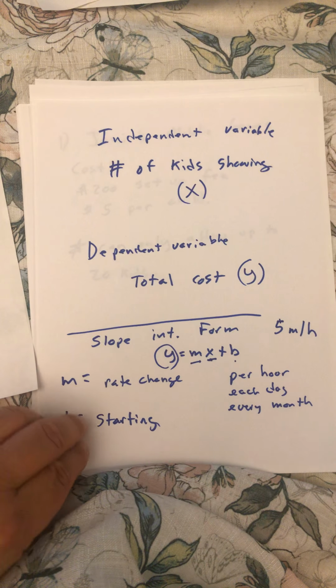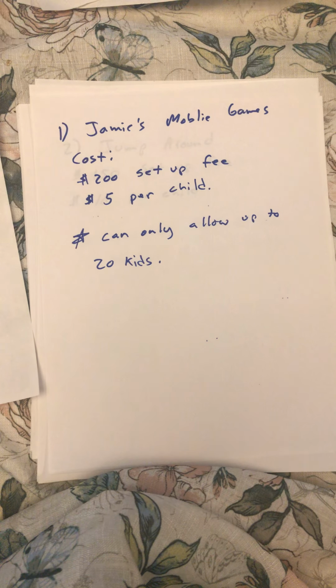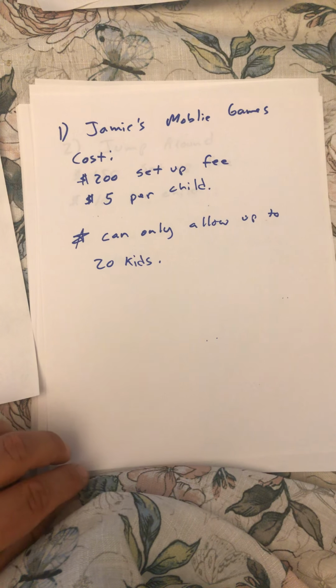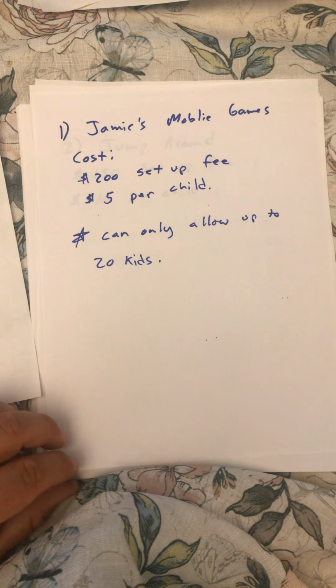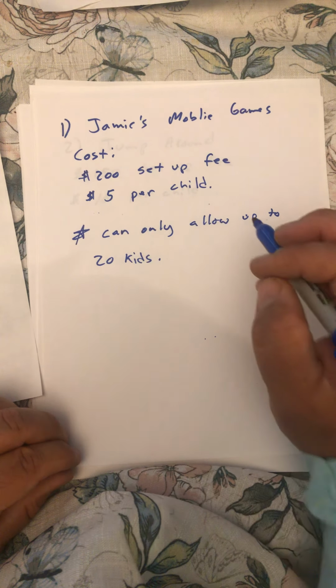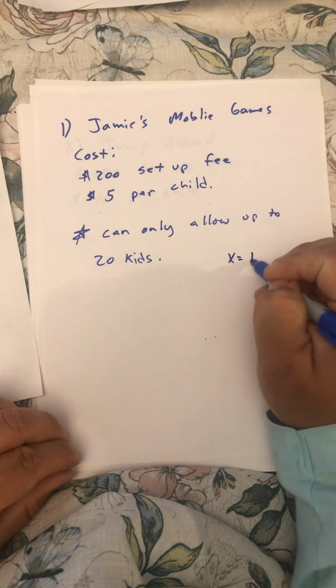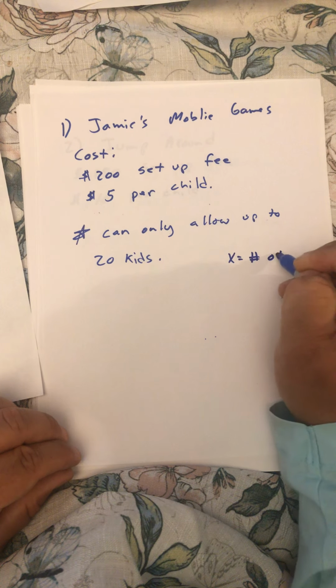So here's our example, and our first place that the kid wanted to do is some video games. Jamie's mobile games. What we have to do is we've already established what our independent and dependent variables are going to be. Remember, our independent variable, our x, is going to equal number of kids.